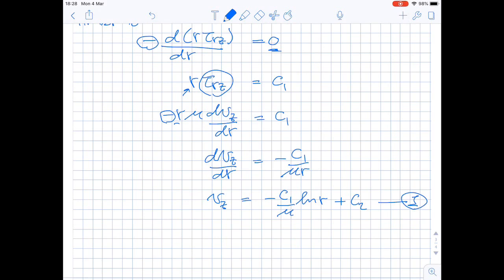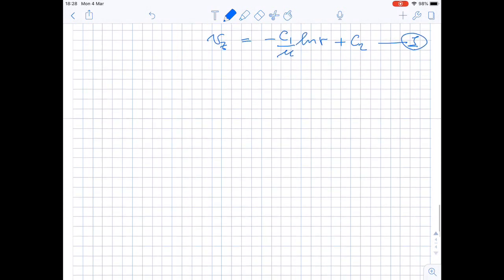In this equation, there are two unknowns, C1 and C2. Therefore, we need two boundary conditions. The first boundary condition is supposed to tell you the velocity at some certain distance of r.